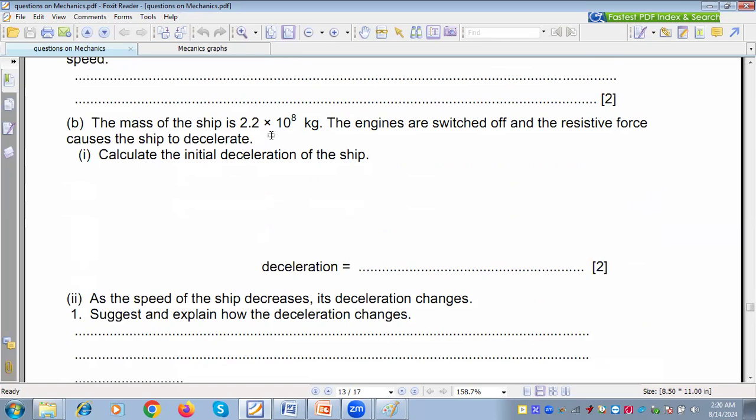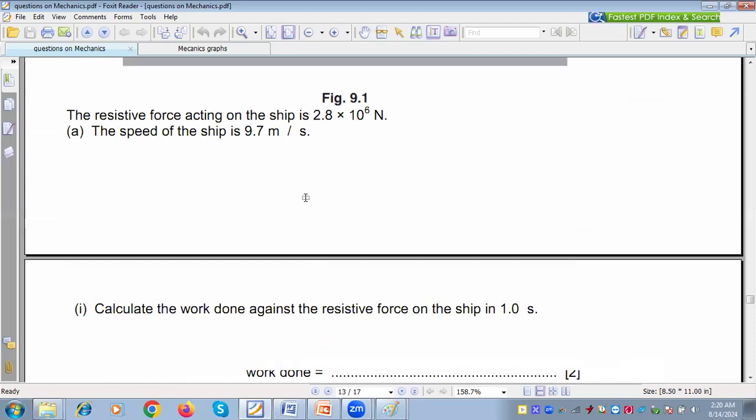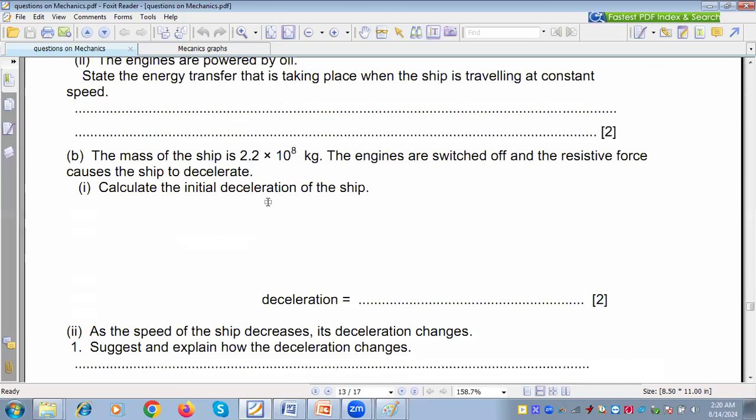The mass of the ship is 2.2 into 10 to the power 8. The engines are switched off and the resistive forces cause the ship to decelerate. Calculate the initial deceleration of the ship. So what was the initial resistive force? 2.8 into 10 to the power 6. And F is equal to ma. The mass is given. A is equal to F over m.